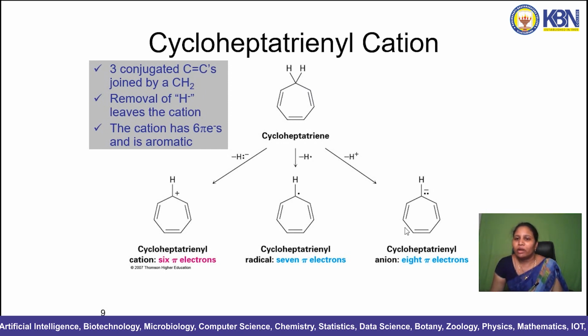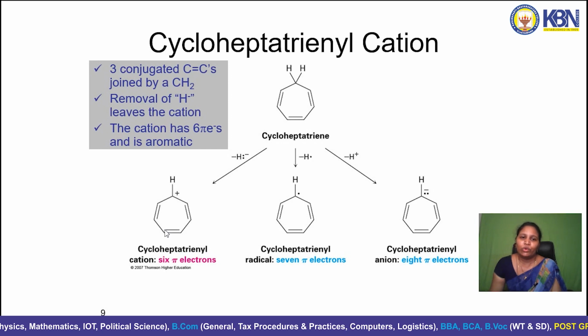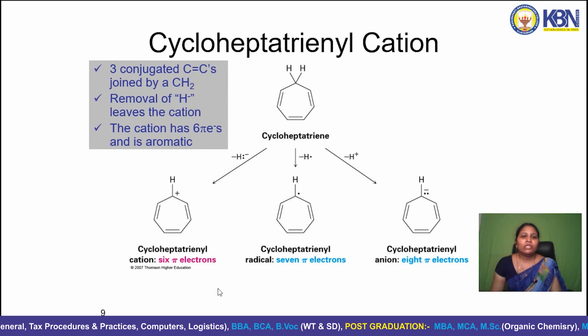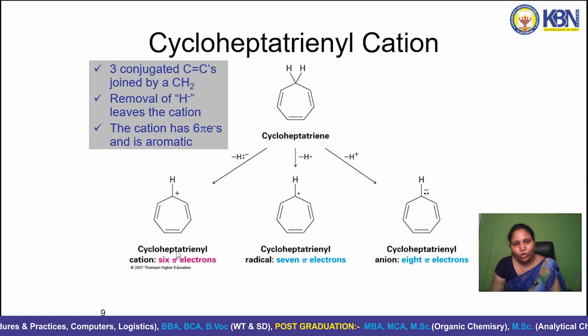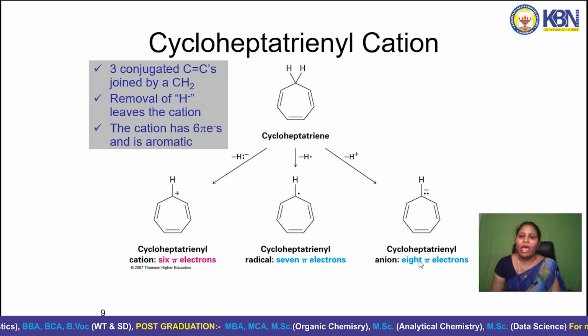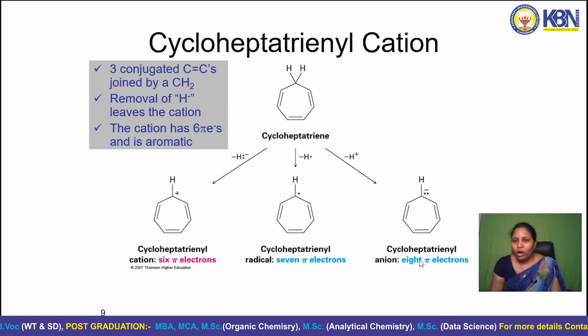Whereas the cycloheptatrienyl cation participates in conjugation, that means electron cloud formation. Hence the cycloheptatrienyl cation is said to be aromatic when compared to the cycloheptatrienyl radical and cycloheptatrienyl anion, which are not aromatic.